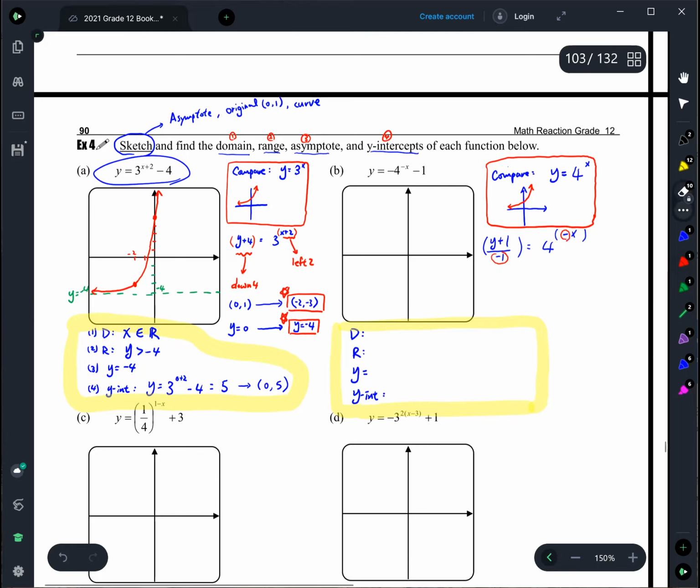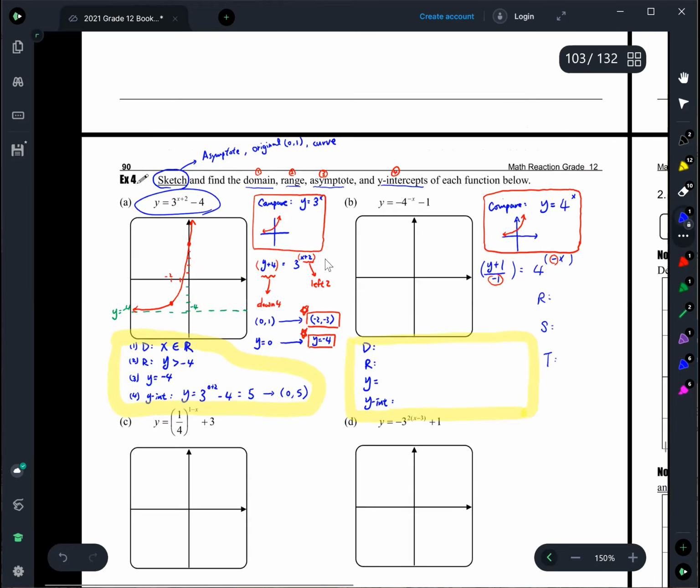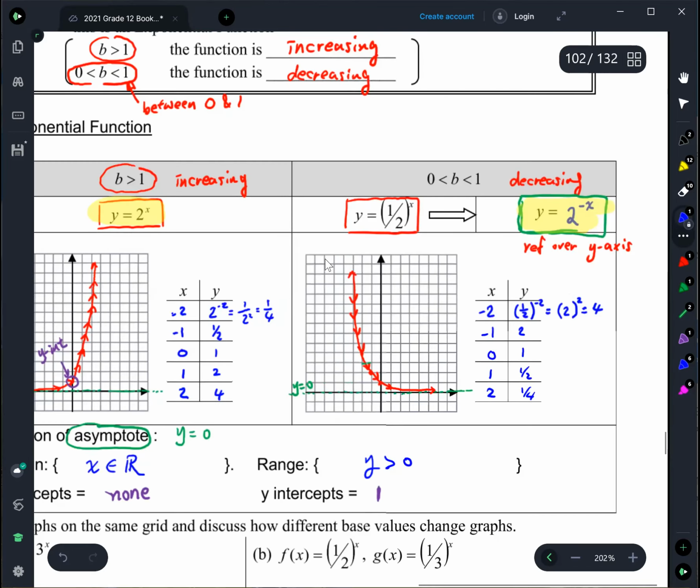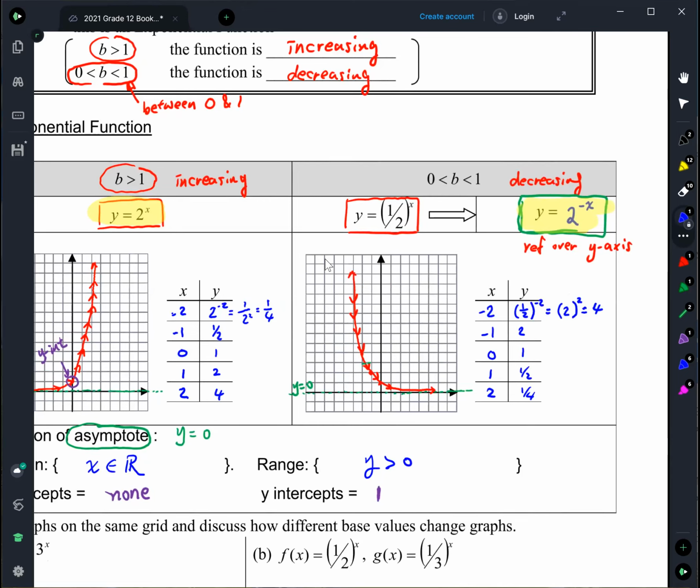We'll write down the RST. So just like last time, if we have a negative with the x, I think Daniel answered this, negative with the x reflects over the y-axis.